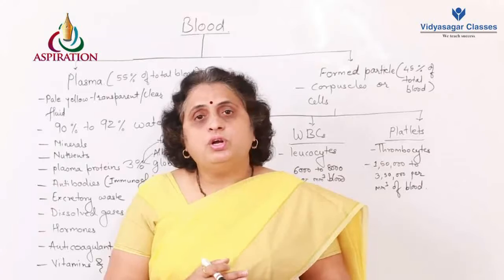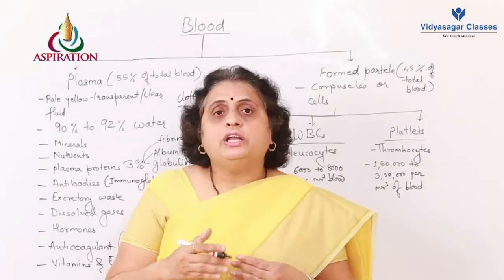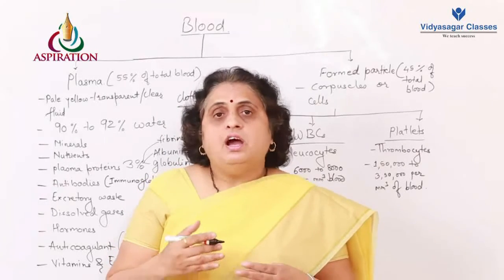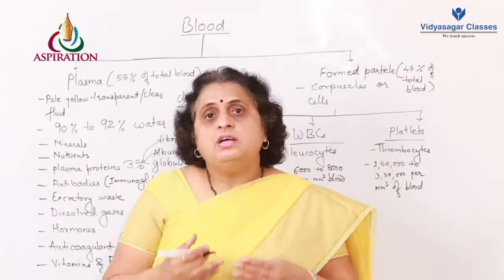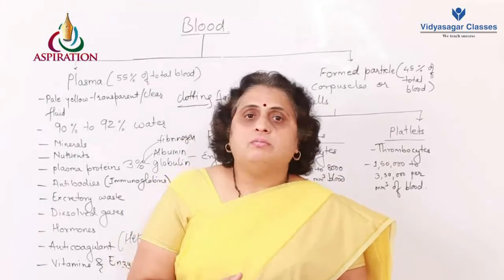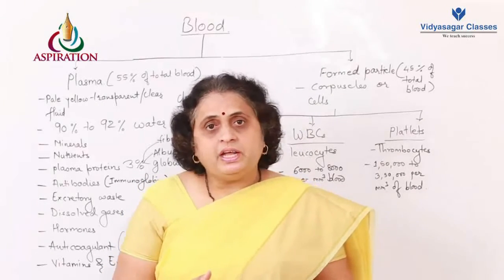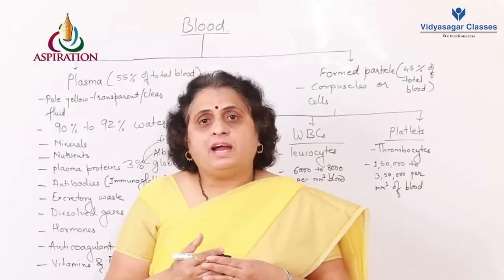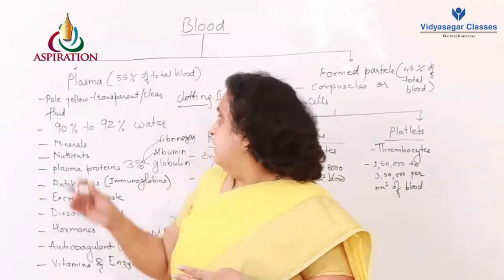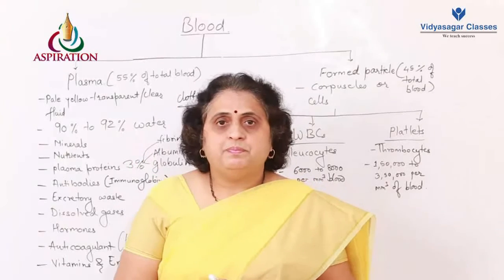Whenever there is a cut or wound, the clotting mechanism is activated. Under the clotting mechanism, these clotting factors come into the picture and help in clotting the blood, thus preventing heavy loss of blood. These clotting factors are present in the plasma.